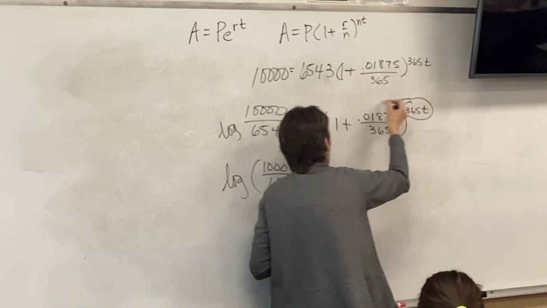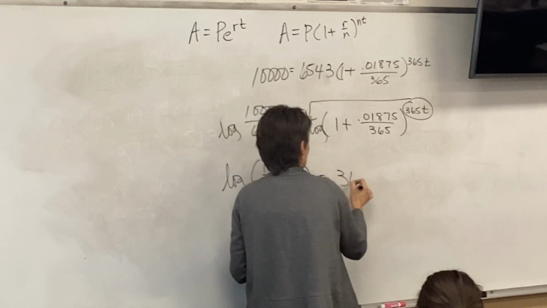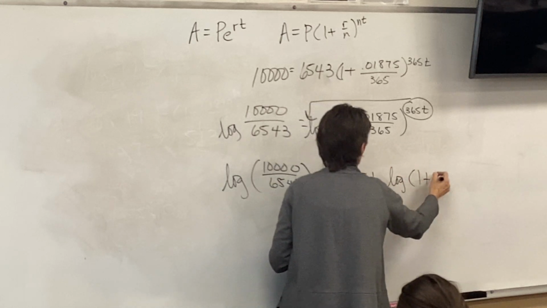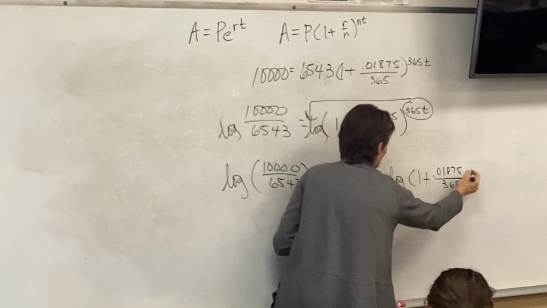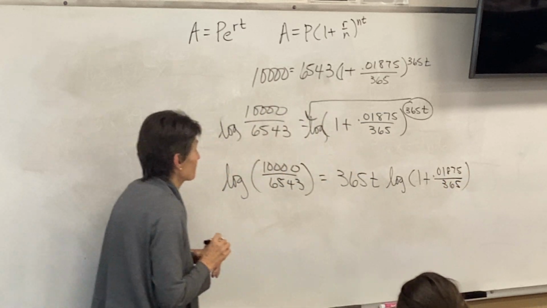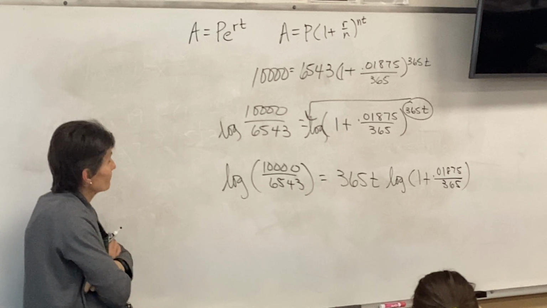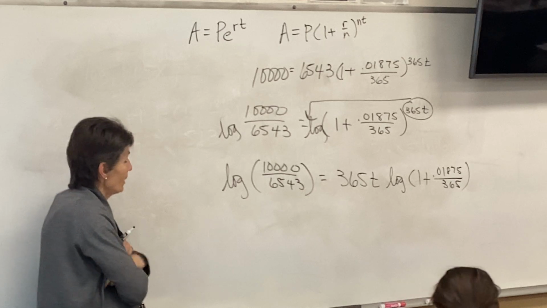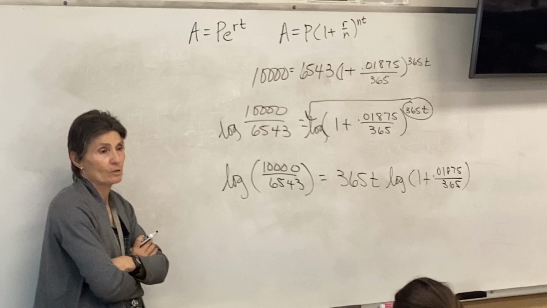So that that would come out in front. So we divided by 6543 first, and then took the logarithm of both sides, and pulled the whole exponent out to the front.